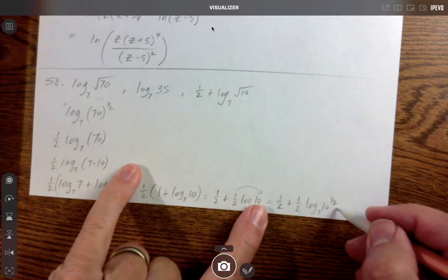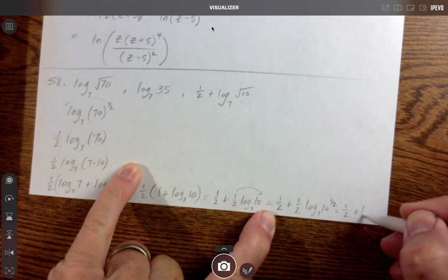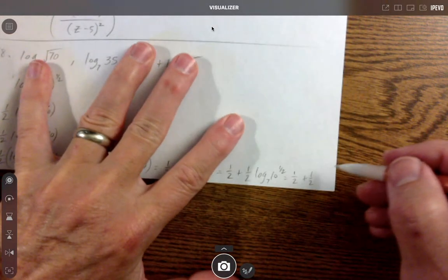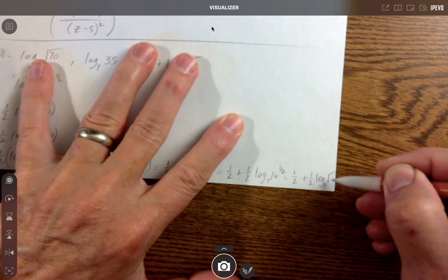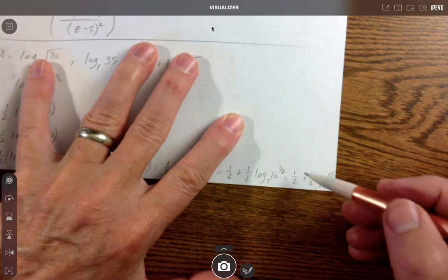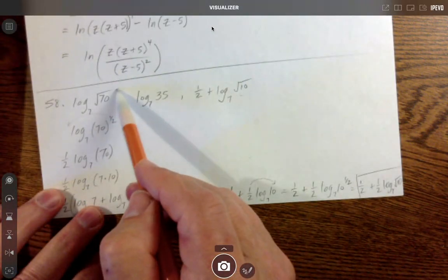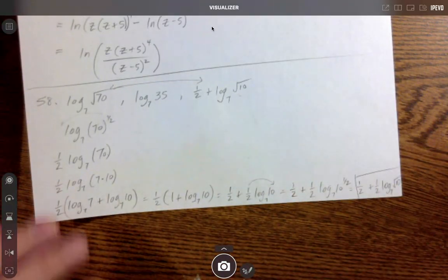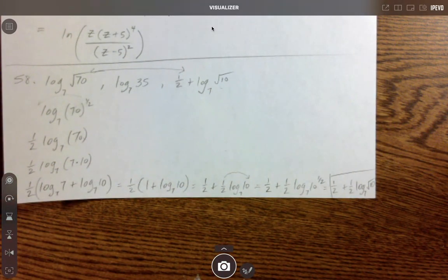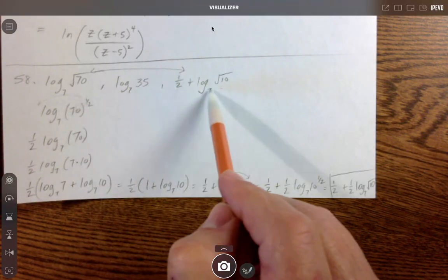So finally I can get to 1/2 plus 1/2 log base 7 of the square root of 10. So this one is equal to this one. These two are equal. And I kind of did what's called an identity, right? I messed around with this until I figured out how to turn it into this.